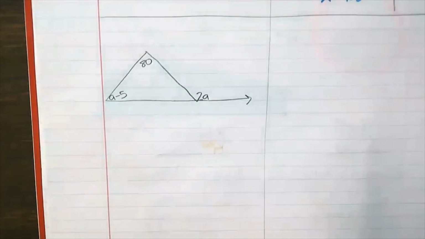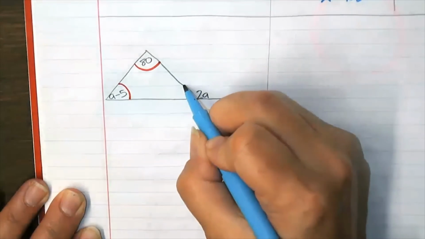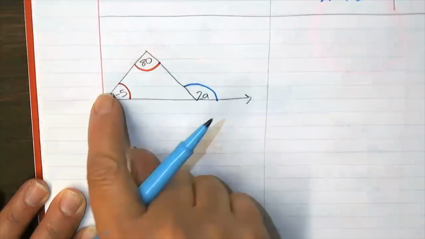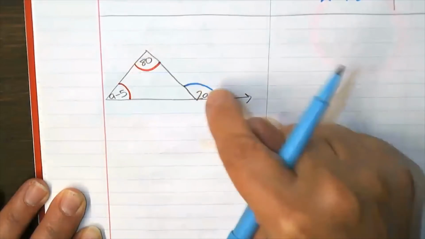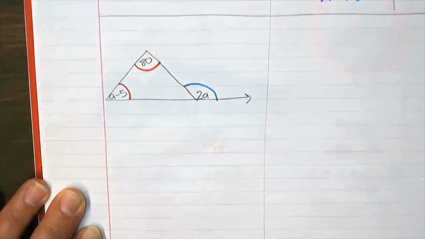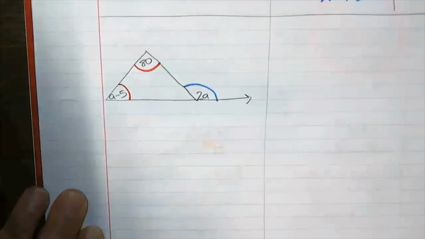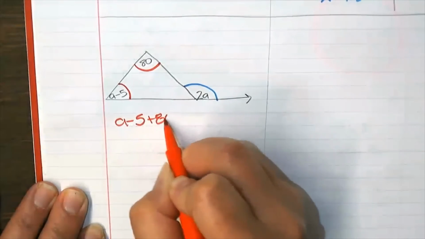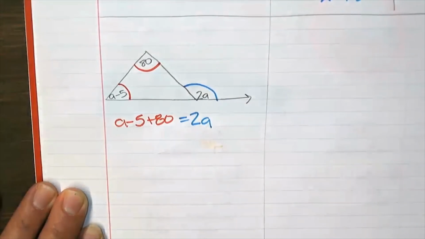Well, I know that this angle plus this angle equal this angle. Because if I tear these corners off and I put them here, these corners fit in here, right? So A minus 5 plus 80 equals 2A.